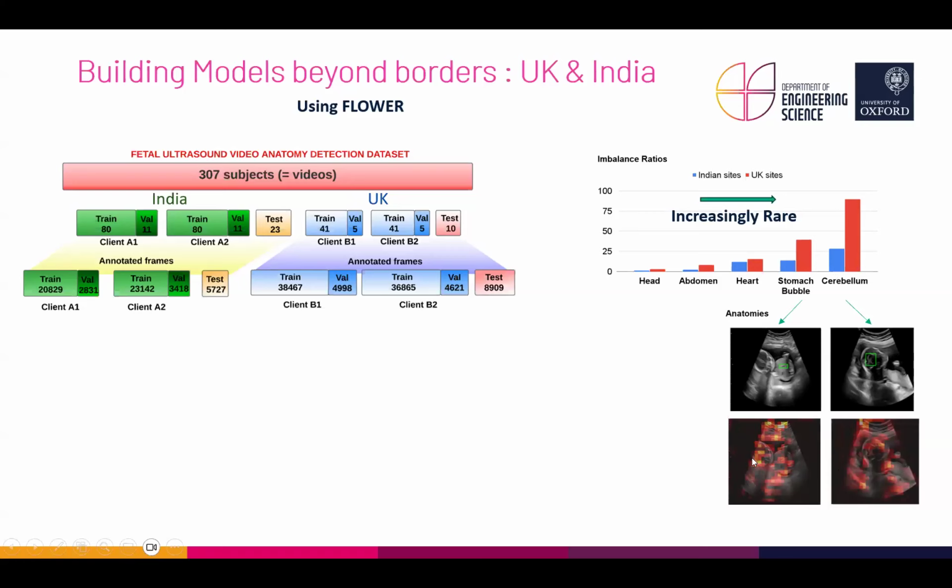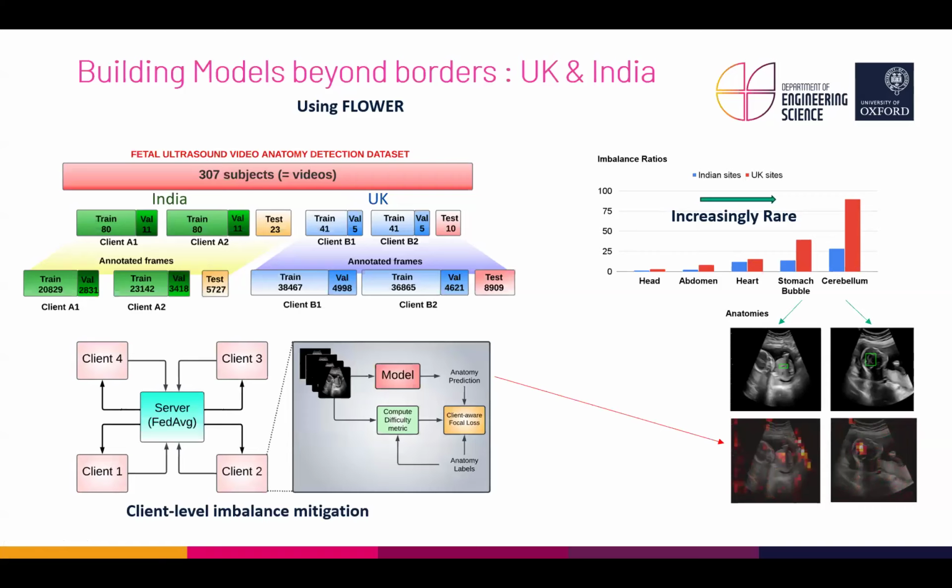So that's why we come up with our proposed method, where we try to solve this from a client scenario. So we have, let's say, 4 clients here, Indian clients and the UK clients. In each client, we compute something called a difficulty metric. We try to compute the difficulty of the task based on the given class distribution.